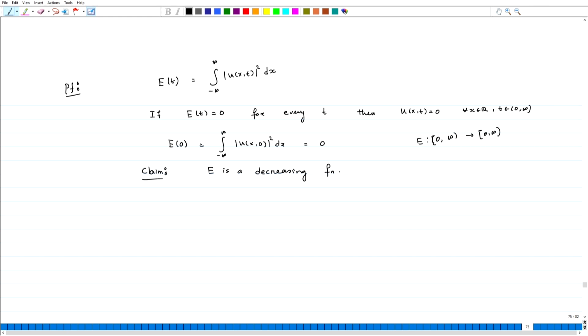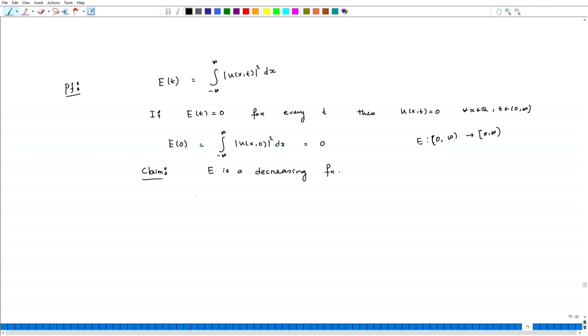So, how does one show that a function of t is a decreasing function? That means I need to calculate E'(t). If we can show that E'(t) is less than or equal to 0, then E is going to be a decreasing function. So, let us try to calculate E'(t).